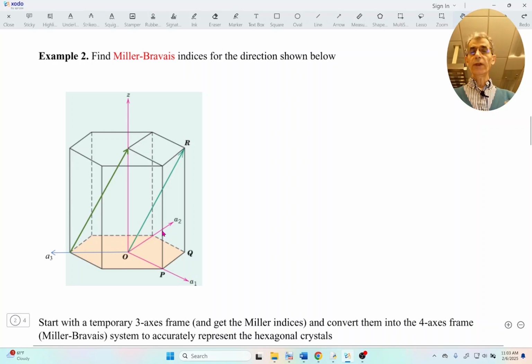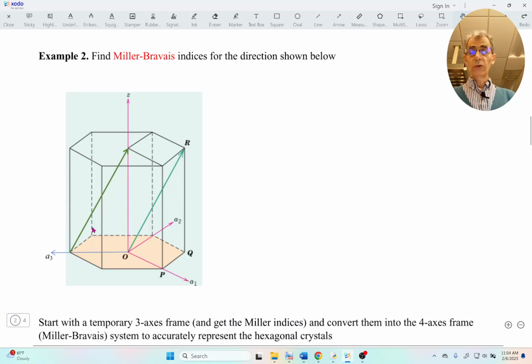So one thing that we do, as we discussed in class, because this is a direction and there are an infinite number of directions that are parallel to the same one that we are talking about here, that helps us to just shift this vector in a parallel way, so that its tail is right here at the origin of the coordinate frame.